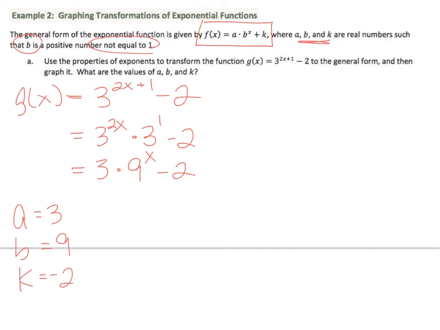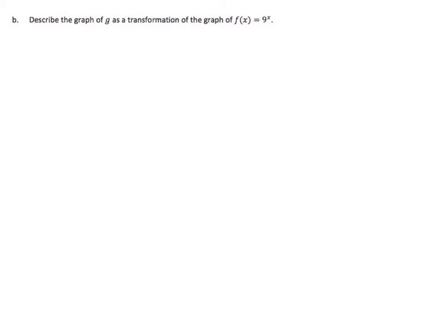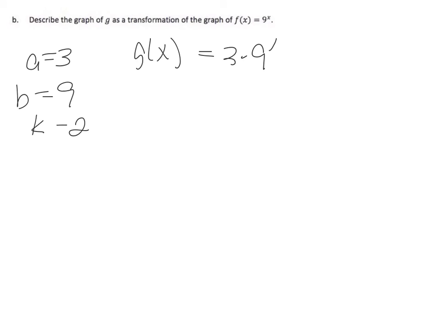So I've graphed it on the next slide, but let's answer part B. Hold on. Looking back, yep. A was 3, b was 9, k was negative 2. g of x, after I broke it all down, was 3 times 9 to the x, minus 2.